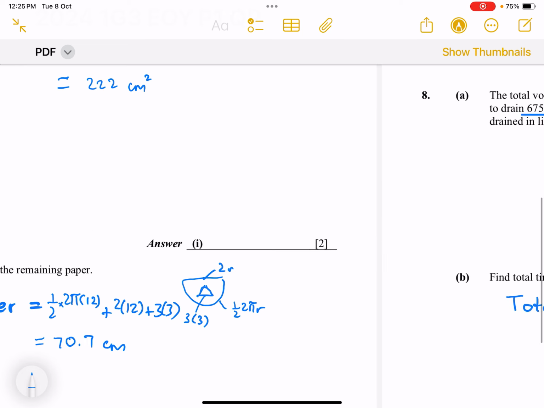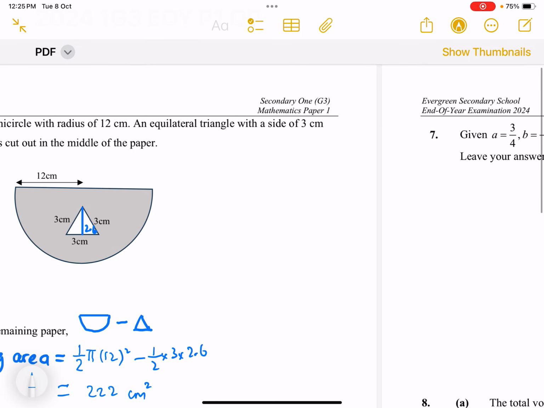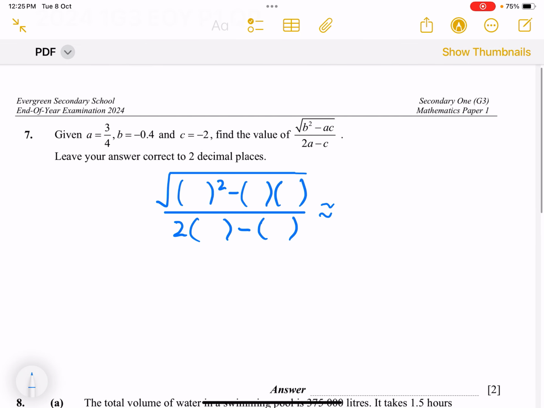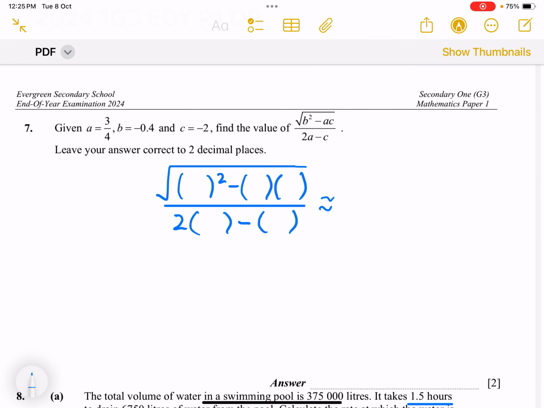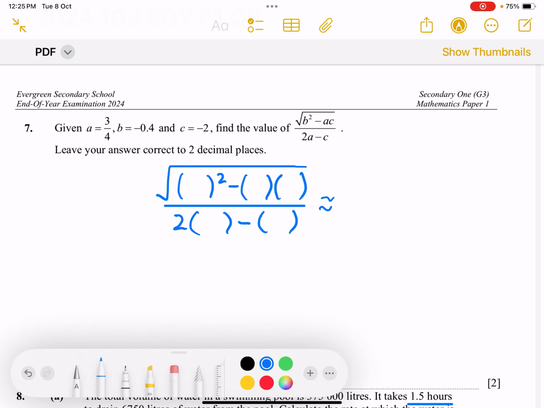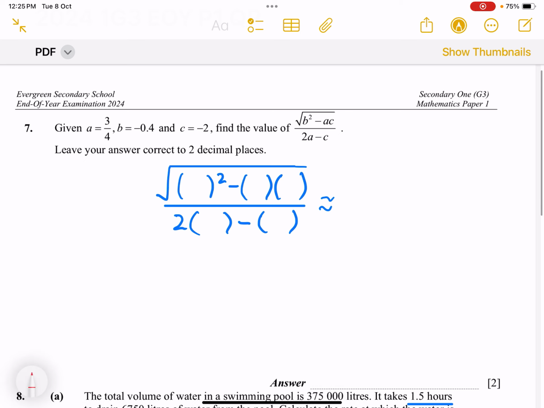Now move on to the next sum. In the next sum, we have a substitution sum, and whenever we have substitution, we use brackets to substitute. So once we have the brackets, then we put in the numbers.